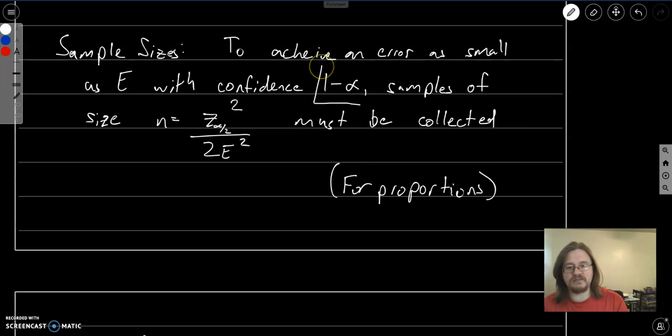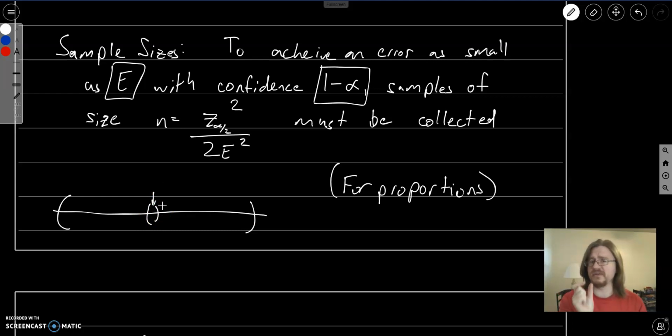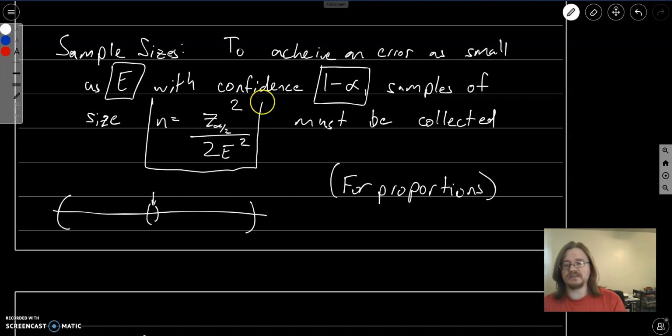So if we want to have a particular confidence level, let's say we want to be 95% confident, 99% confident, and we know how big of a confidence interval we want. It's one thing to have a huge confidence interval to say, oh, the value is somewhere in there, versus, oh, we've got a little itty bitty tiny confidence interval, and we want our value to be in a really small range. We want to be more precise. Well, we know exactly how big of a confidence interval we need.